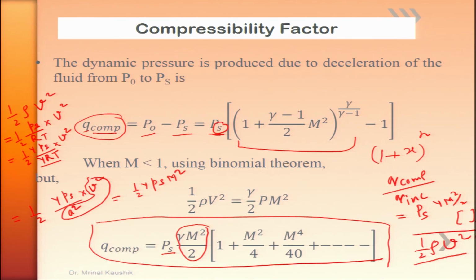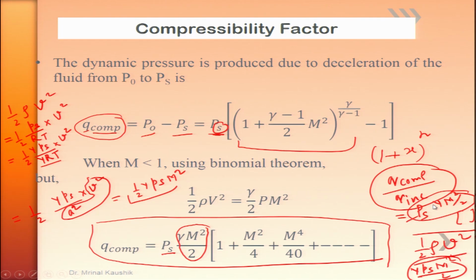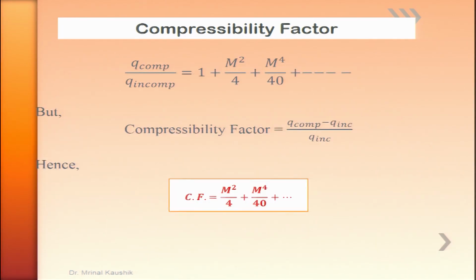Now clearly see that in this expression of Q compressible and Q incompressible, I already have gamma Ps M square by 2. That means the term below can be replaced with gamma Ps M square by 2, which will cancel the numerator term. Then we will lead to the final term something like this.